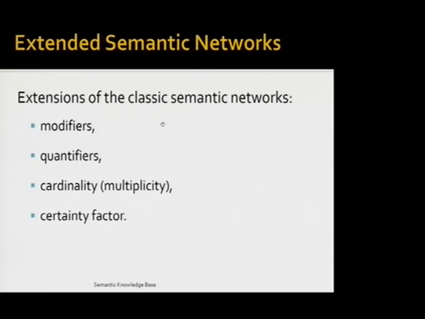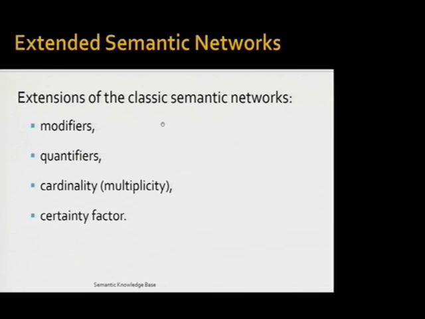So simply saying what we've done with semantic networks. We added modifiers. So for example, in a big car in a sentence, the big is modifying a car. We've added quantifiers, time quantifier, space quantifier. We said that there is a need for multiplicity.